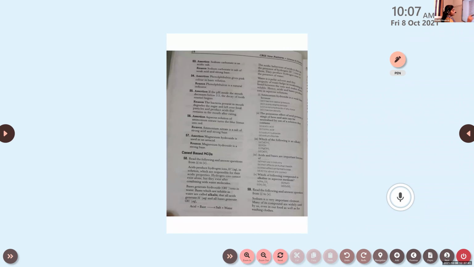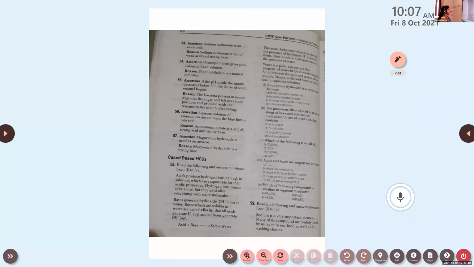Look at question number 54. Remaining questions we can discuss later. Assertion: phenolphthalein gives pink color in basic solution. Reason: phenolphthalein is a natural indicator. Assertion is true, reason is wrong.